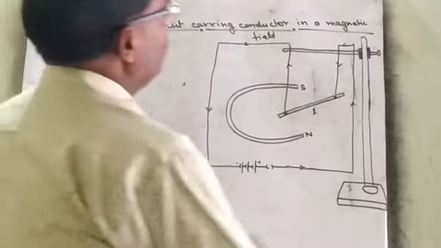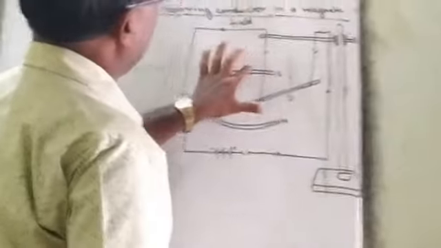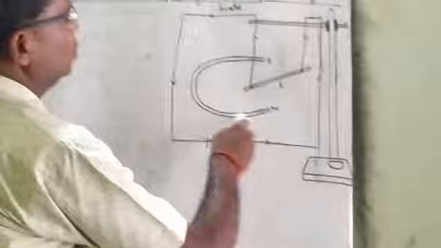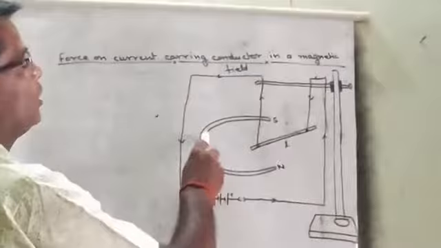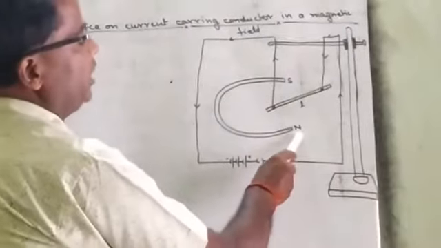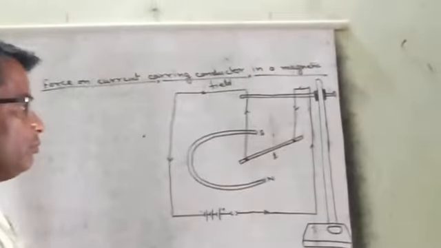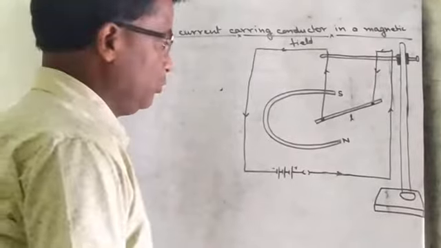You see here, one conductor is placed between the poles of a horseshoe magnet. You know that this is a permanent magnet. Then magnetic field lines start from the North Pole and enter the South Pole.